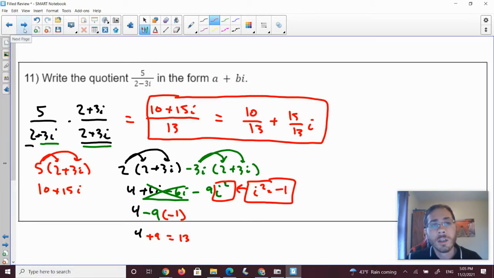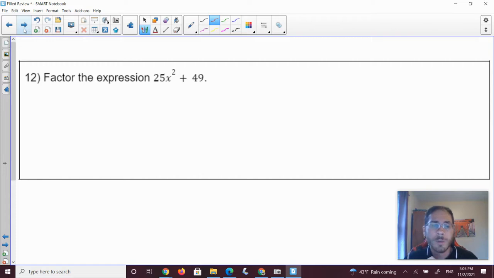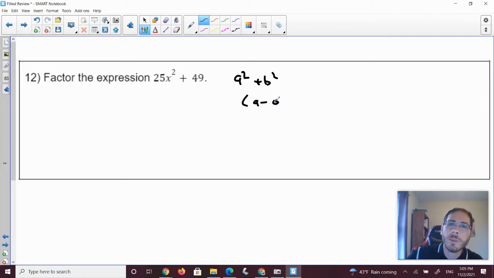So, all right. For 12, factor the expression 25x squared plus 49. So the best way to do this is to remember it is a memorization factor. a squared plus b squared is going to factor into a minus bi, a plus bi.